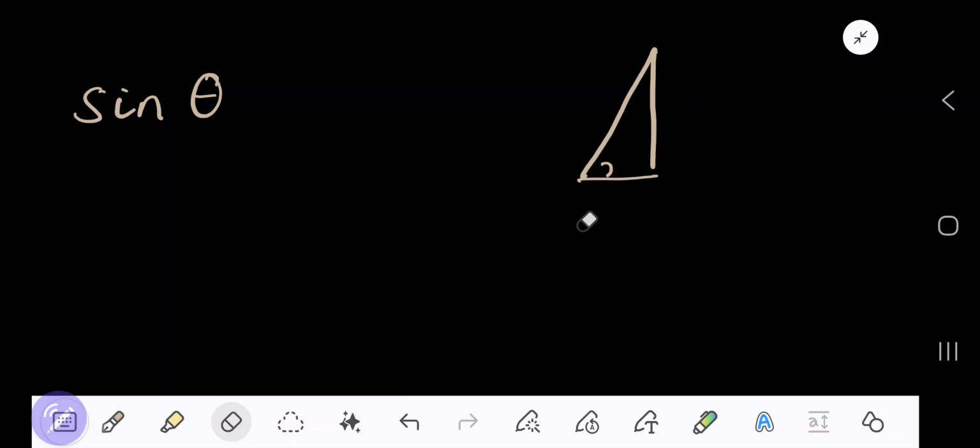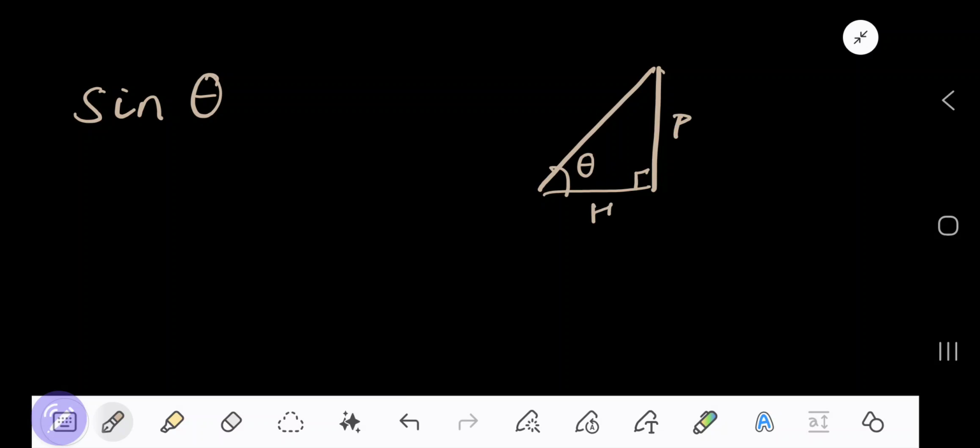Considering theta, this sine theta is perpendicular by hypotenuse. So is this side A by this side B, A by B. Alright.